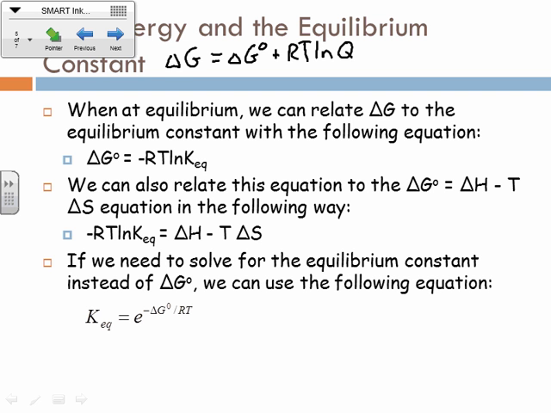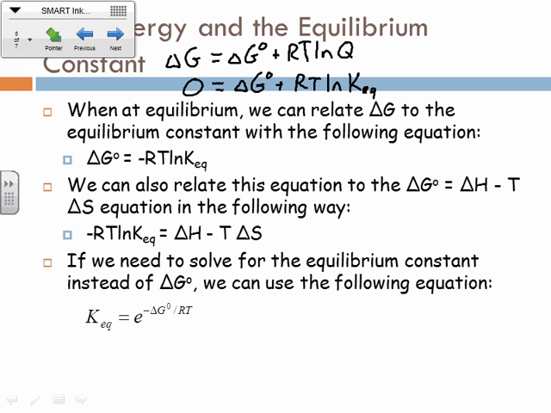Now what happens to delta G at equilibrium? 0, okay? So what we end up with here is 0 equals delta G at standard conditions plus RT ln K, or KEQ, the equilibrium constant. Then we rearrange that equation, and you end up with delta G 0 is equal to the negative RT ln KEQ.